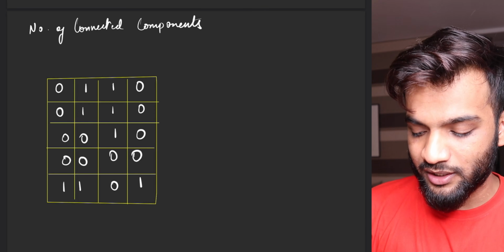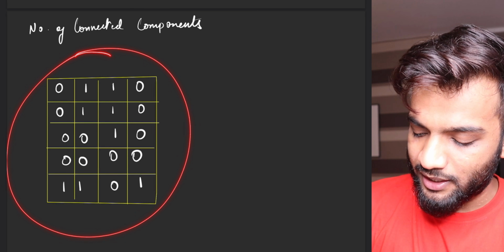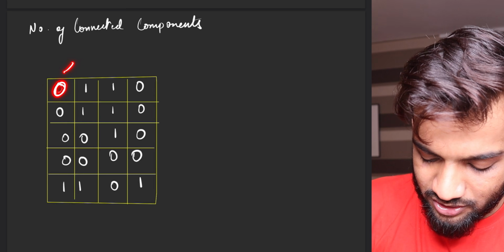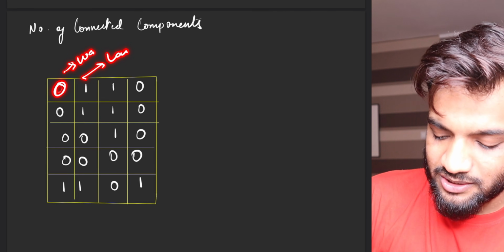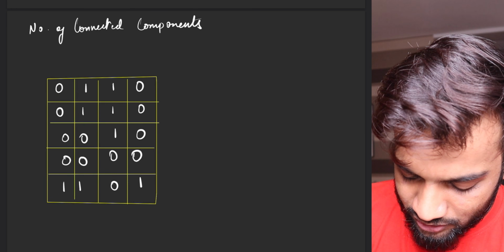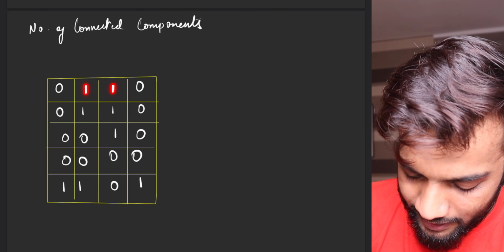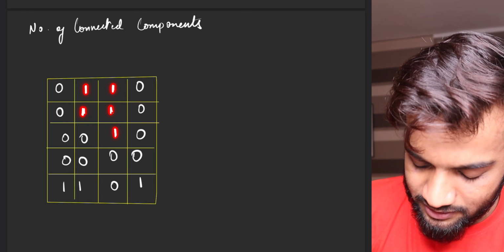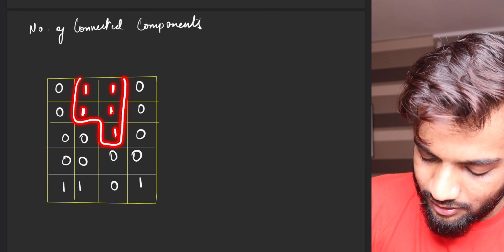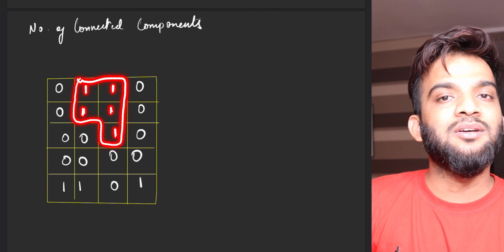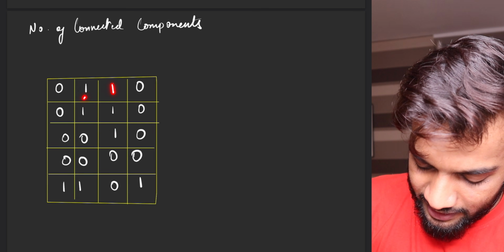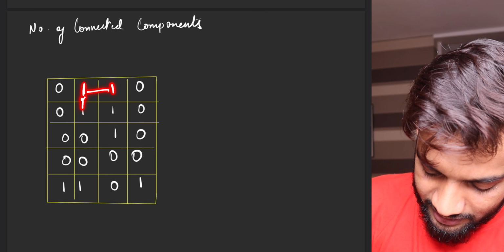So basically they'll be giving you a grid of size n cross m. Over here 0 means water, 1 means land. Now you have to find the islands. So this is a land, this is a land, this is a land. I can say these lands are connected, because this guy is connected to this guy, which is connected to this guy.